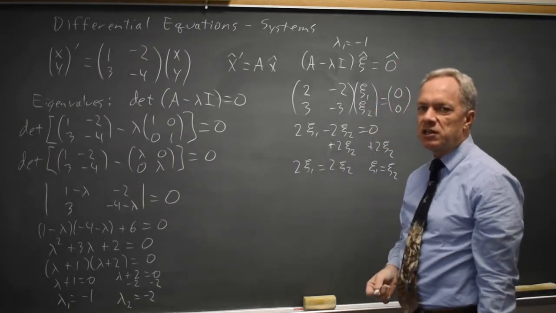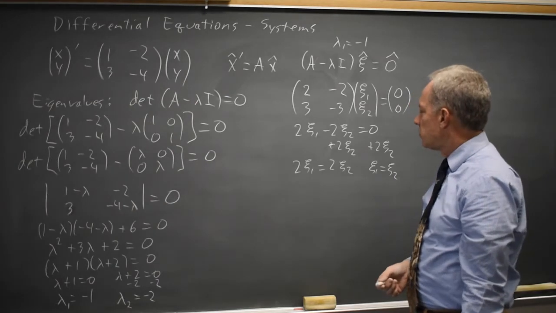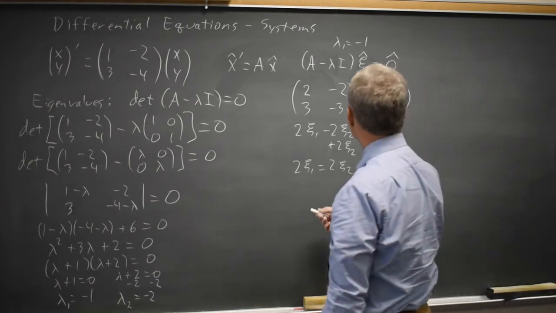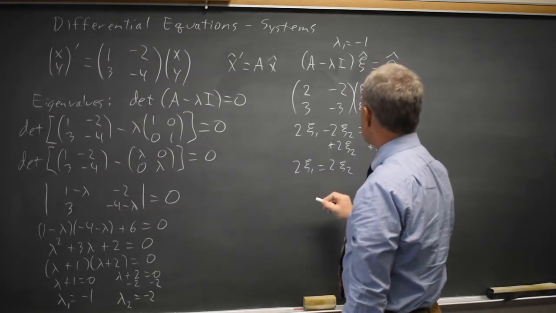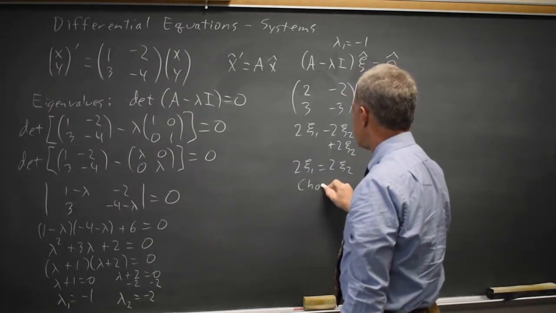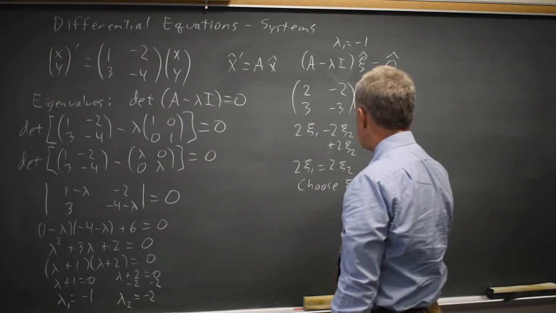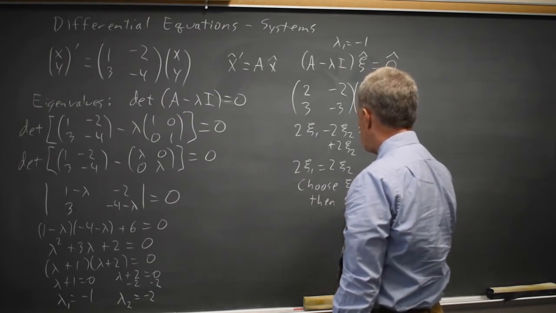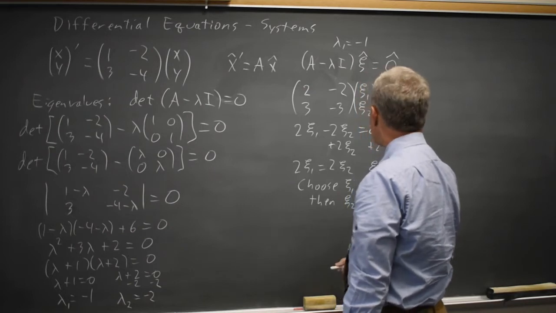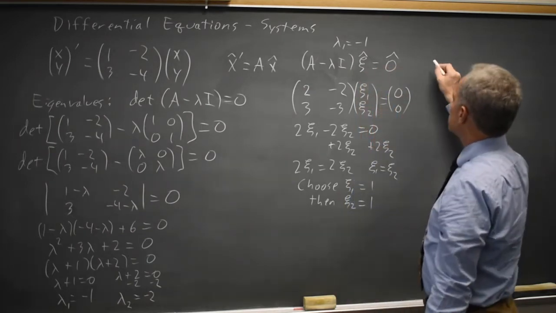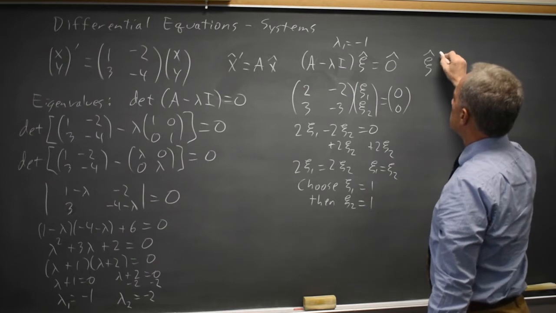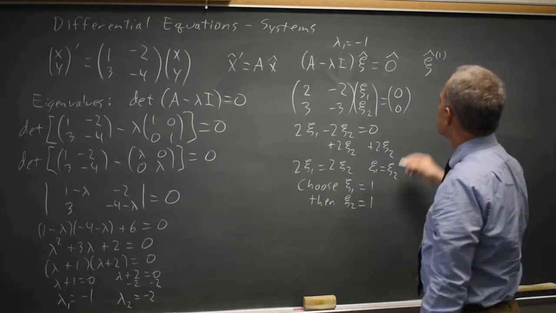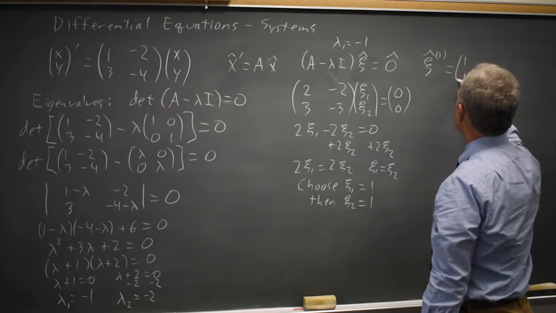I cannot find a unique solution, but I don't need a unique solution. I need any non-zero vector for which this is true, so I'm going to choose C1 equals 1, then C2 is also 1. And my first eigenvector, which I'm going to denote as vector xi with a superscript 1, is the vector 1, 1.